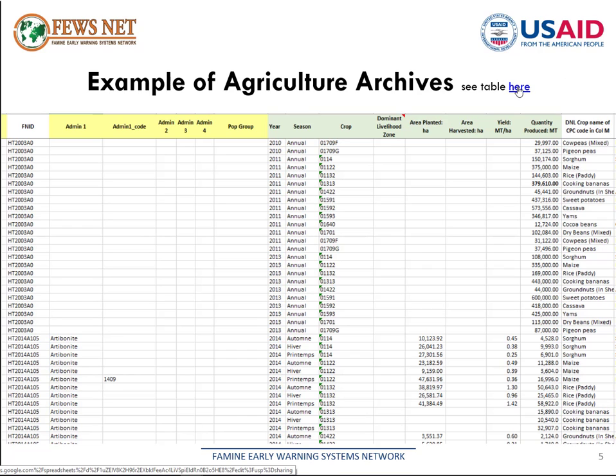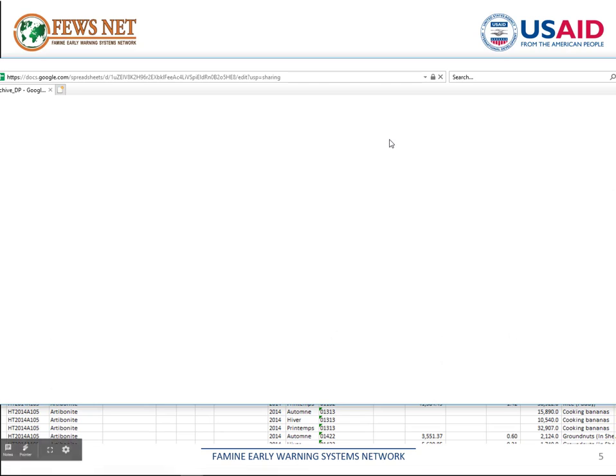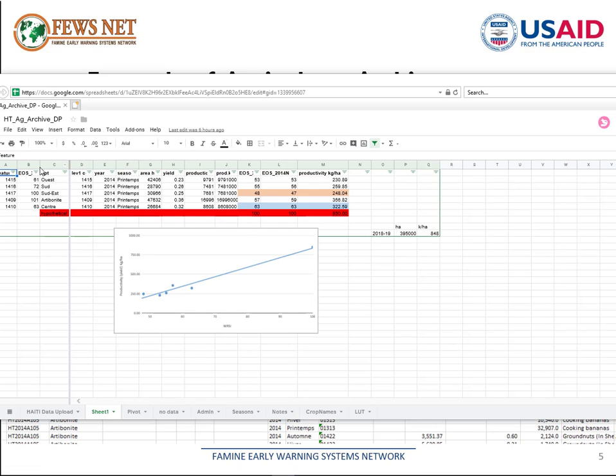But let's go to that table and answer the questions that Greg asked. In column B, these values, I should have deleted them, because these values are the results of the WRSI average for each of the polygons.